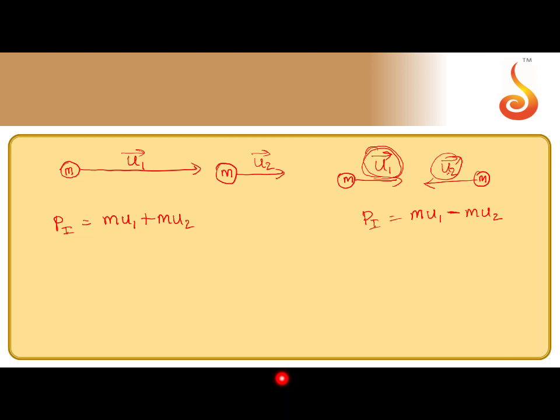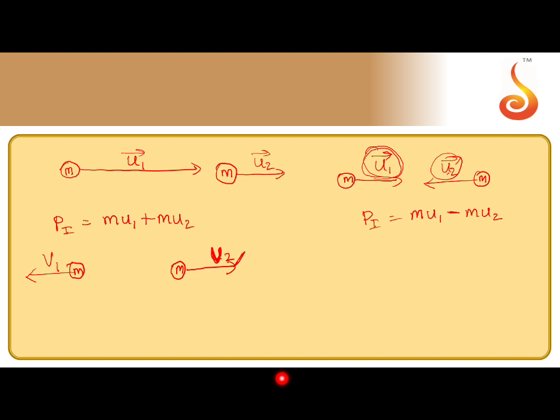And after collision, let us assume in this first case, u2 increases to v2 in the same direction. But the first body now starts moving with v1 in the opposite direction.